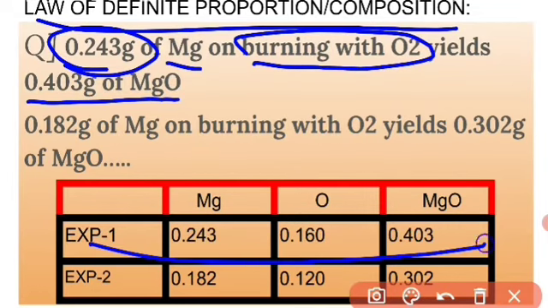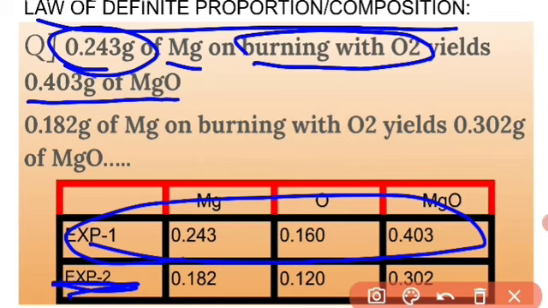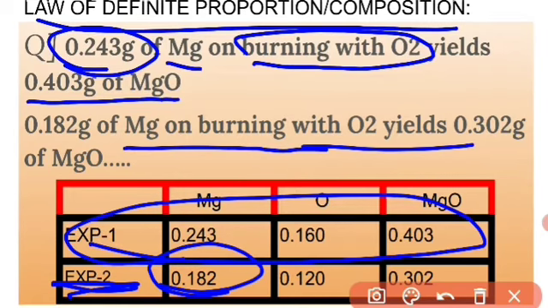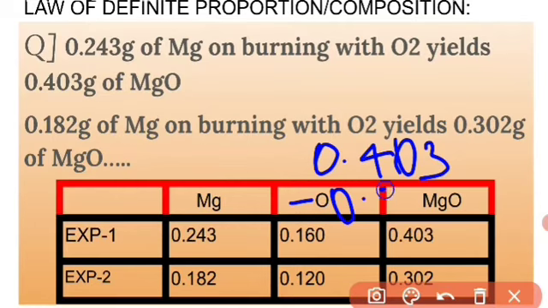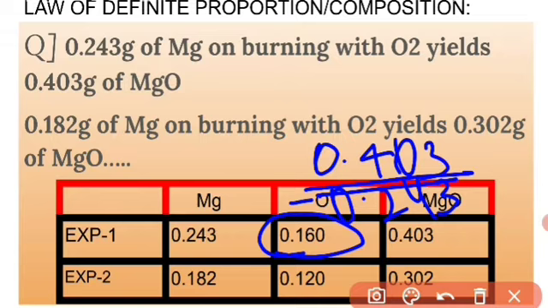In experiment 2, it is mentioned that 0.182 grams of magnesium on burning with oxygen yields 0.302 grams of magnesium oxide. Now what you need to do is, to get the oxygen value, you need to subtract. If you subtract 0.243 from 0.403, you will get the answer as 0.160.